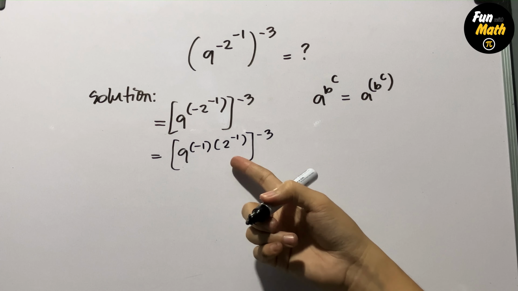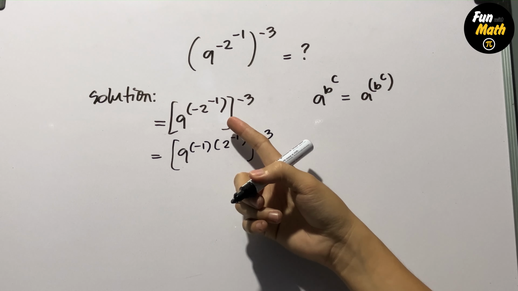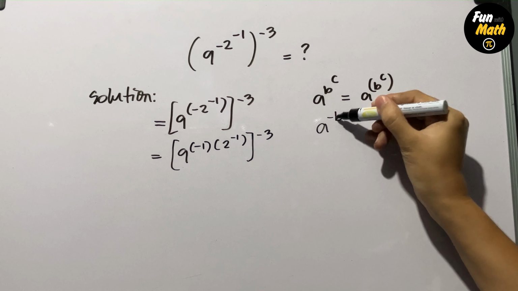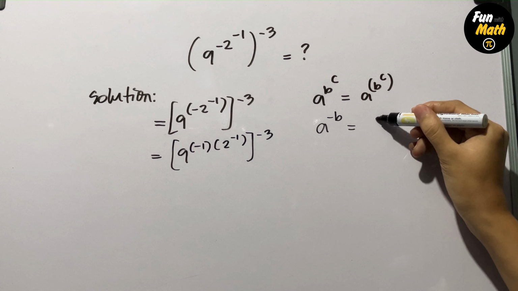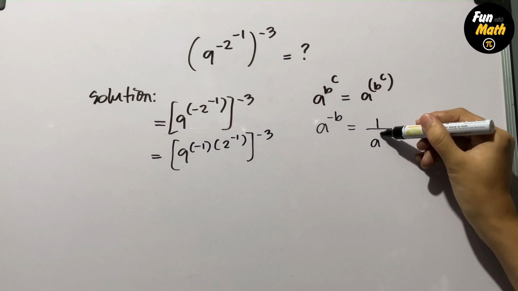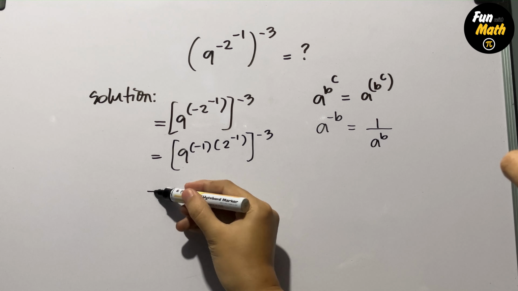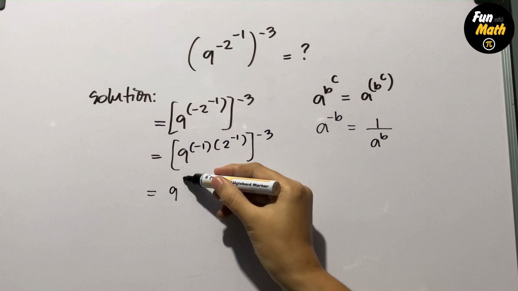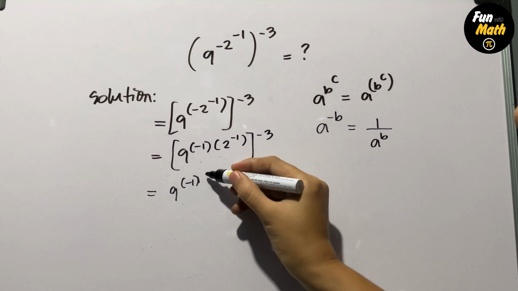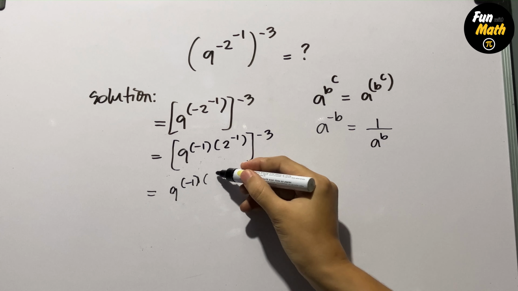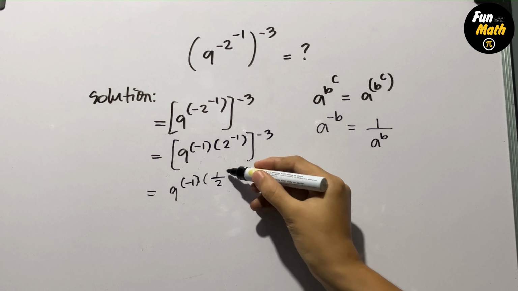Next is, for 2 to the power of negative 1, we have a rule, a to the power of negative b, that is also equal to 1 over a to the power of b. So now we can write it as equals 9 to the power of negative 1, then times, for this, 2 to the power of negative 1, that is 1 over 2.